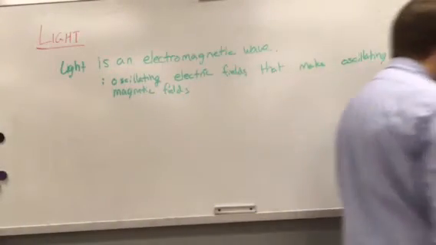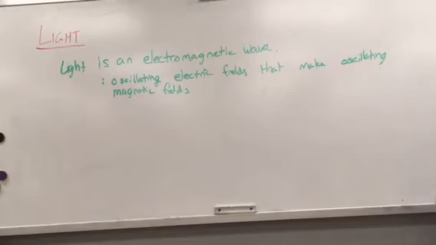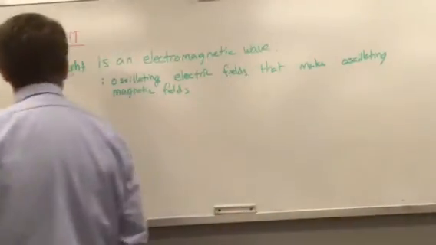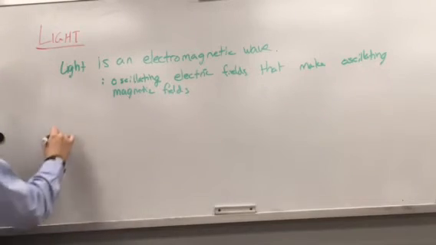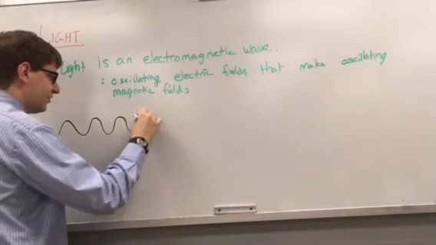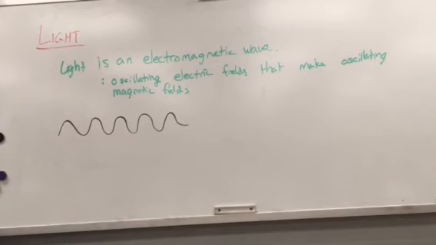So I want to talk a little bit more about its wave nature for a second. If light is an electromagnetic wave, there's certain things about it that we can use to say something about the light.